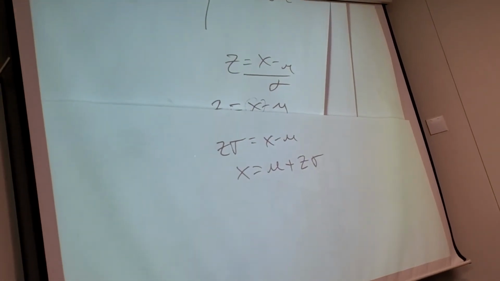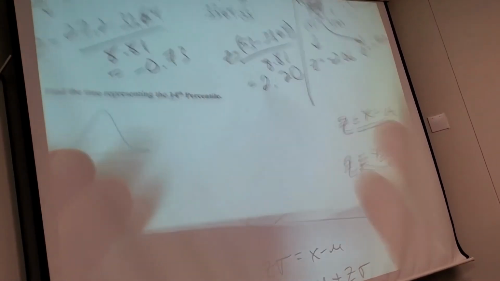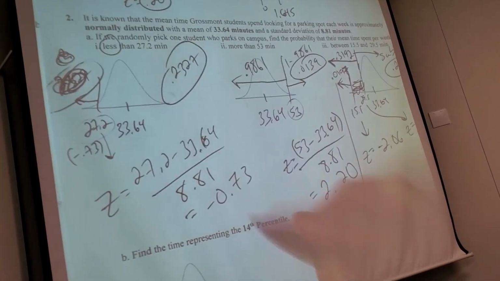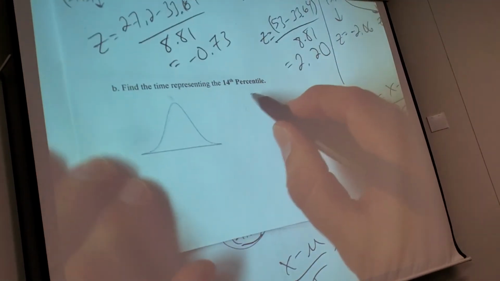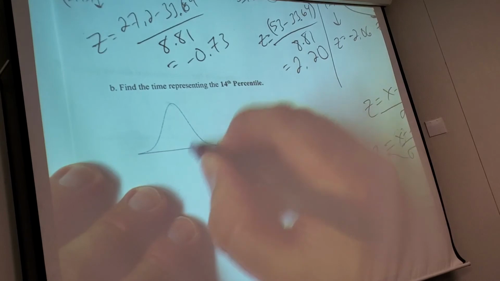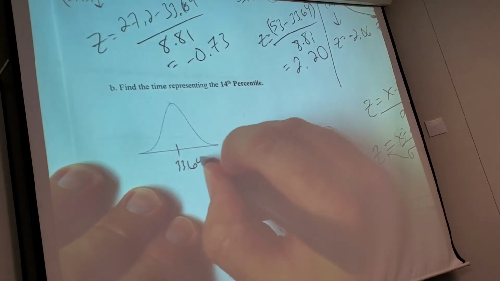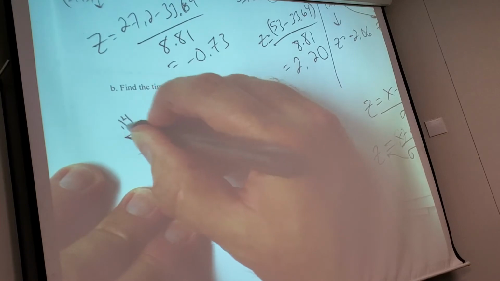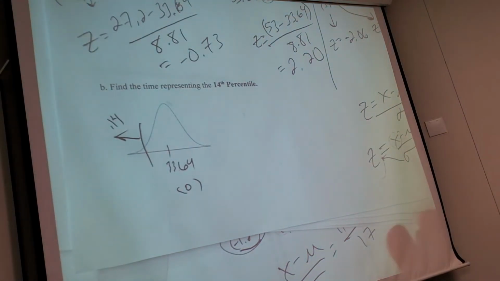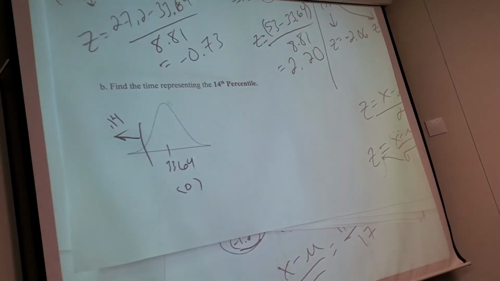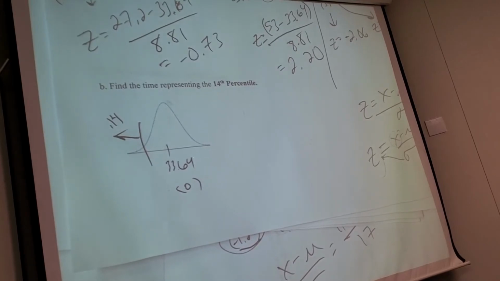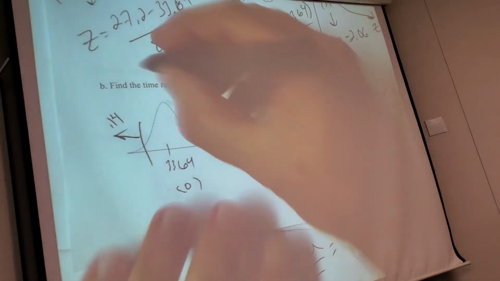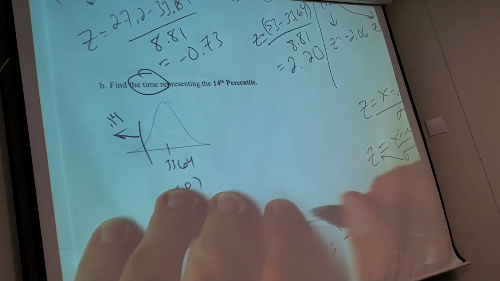So what's that got to do with this problem? I know the 14th percentile. Where's that going to be? It's going to be down here somewhere. So that's 14%. Now, from that information, I could find the z-score, but what does the problem want? The time.